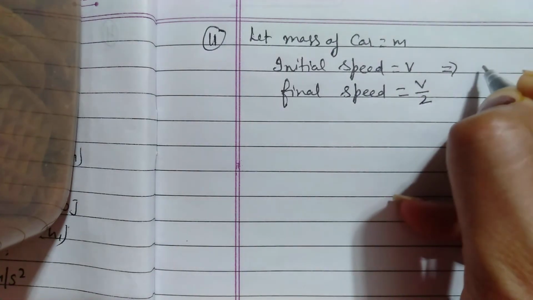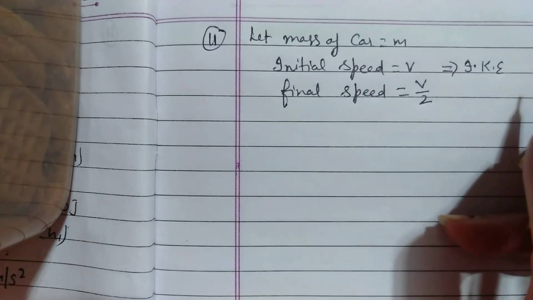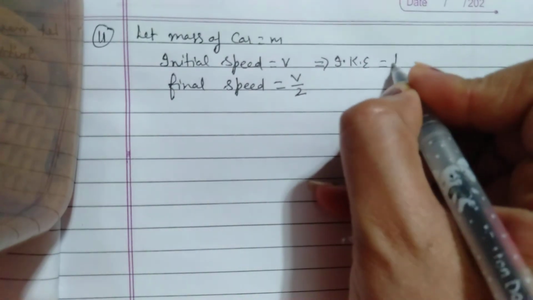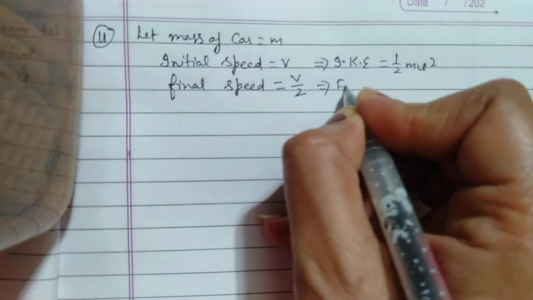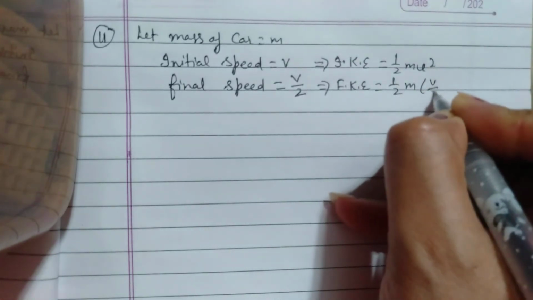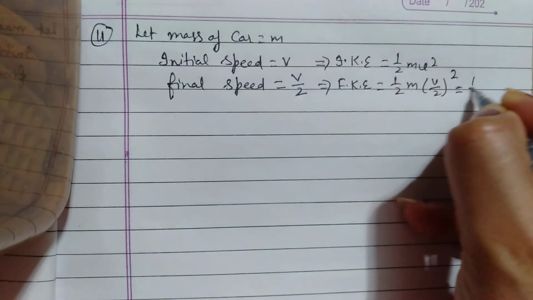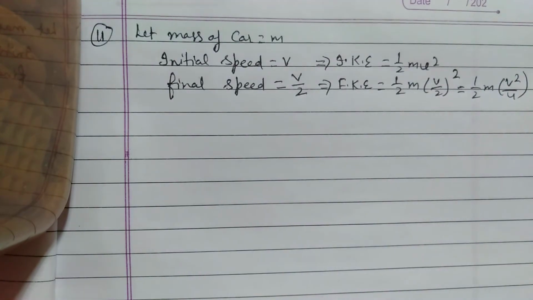From here, initial kinetic energy will be equal to half mv square, and final kinetic energy will be half m into v by 2 whole square. That we can write as half m into v square by 4.